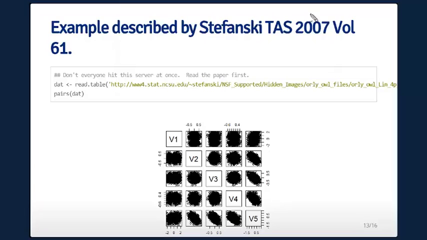So here's the data. I grab it from his server, and don't everyone hit his server. Instead, read the paper first. And then pairs just does all pairwise scatter plots. All right, so here are all the variables, and you obviously don't see very much in the pairs plot. In this case, there's a ton of overplotting.